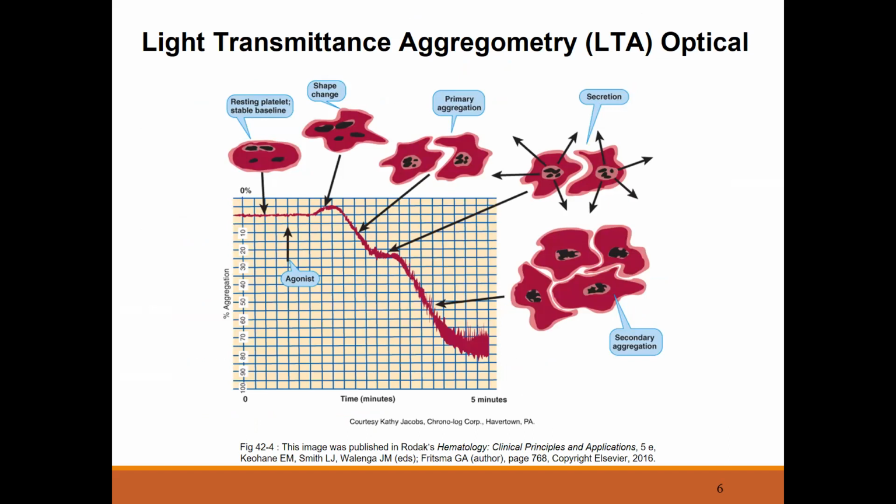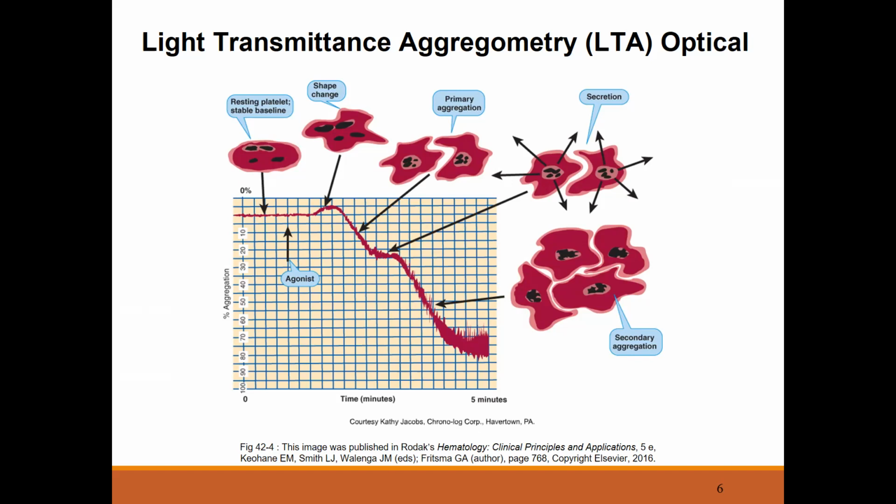So remember this, we start at the baseline with the resting platelet at a stable baseline at 0% transmittance. And then a shape change after the addition of the agonist will occur, okay? And then you get primary aggregation. Then the release or secretion of ADP and ATP from the platelet granules, and then a second wave of aggregation that forms the large platelet clumps. That's the second wave of aggregation.